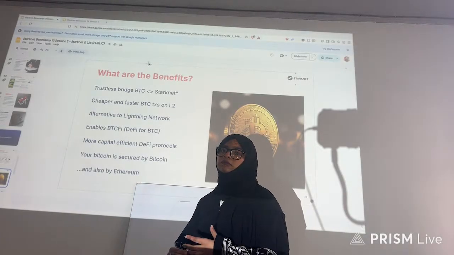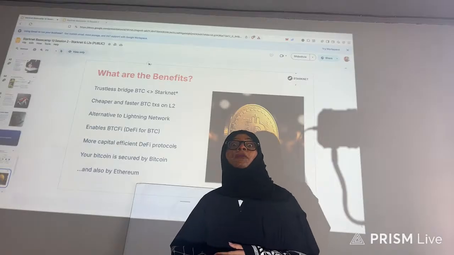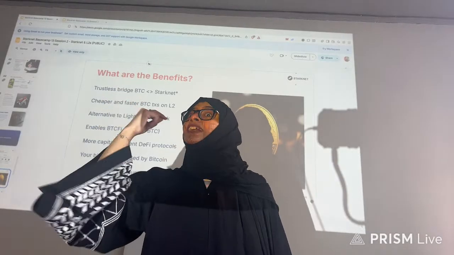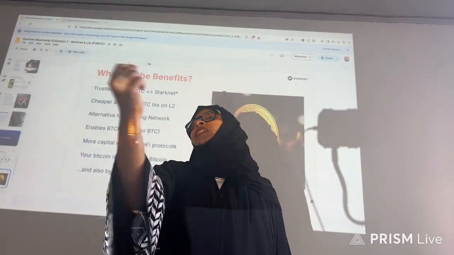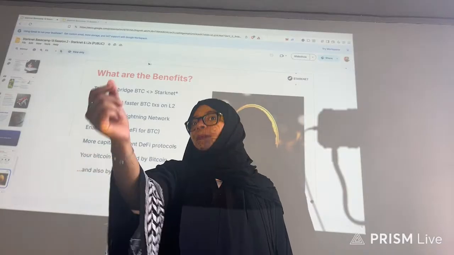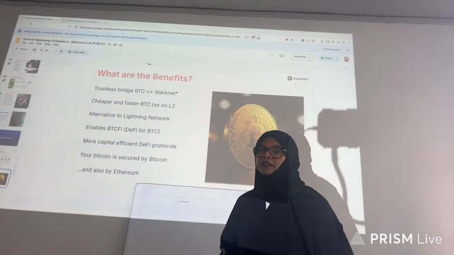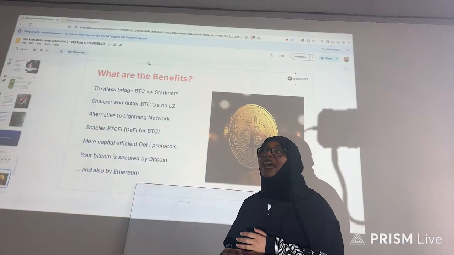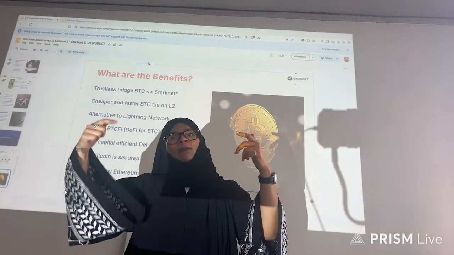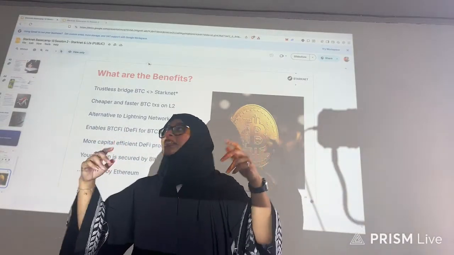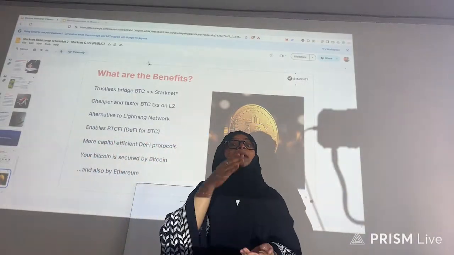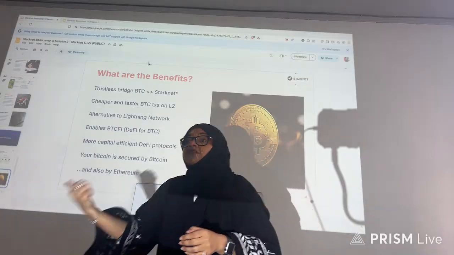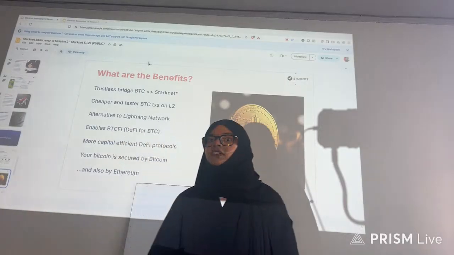When you're doing Starknet, you're doing it purely for zero knowledge. In my personal opinion, the main USP is ZK, while Lightning is just transactions. But a rollup can do state channel things. That's what they're saying, that this will become an alternative to the Lightning Network because it's faster, cheaper, and more efficient. It does what Lightning does.